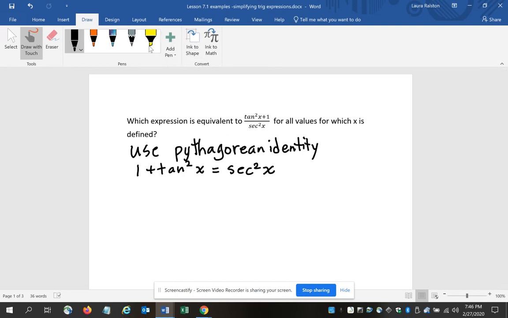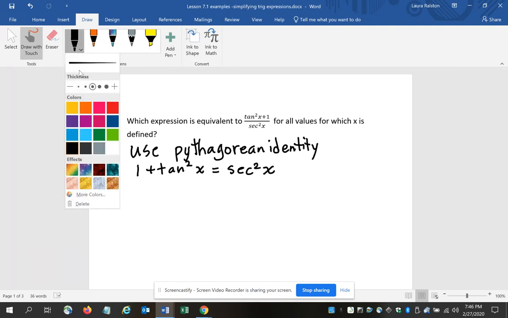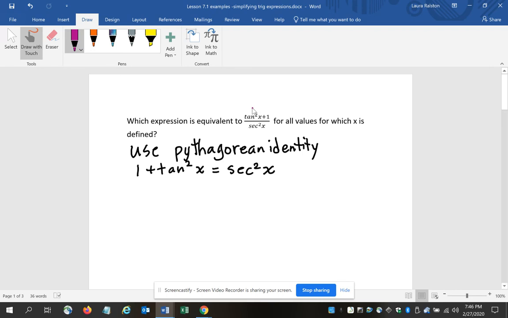Now, although it's in a different order, addition, remember, is commutative, so I can basically do a direct substitution. In place of tangent squared x plus 1, I can put secant squared x, because they're equal. They're the same all the time, every time.